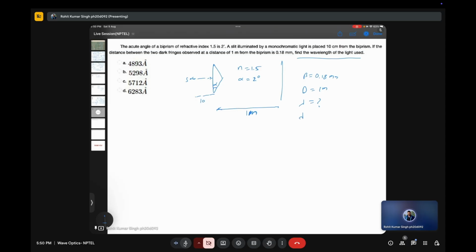What is missing? This small d, that is the distance between the virtual sources. This distance is missing. How can you calculate it? And what is given? This acute angle is given, alpha is given, right?